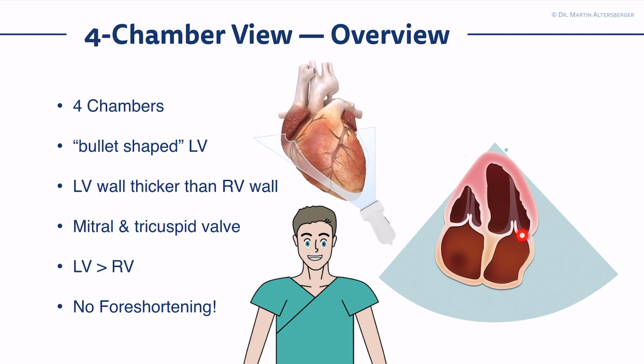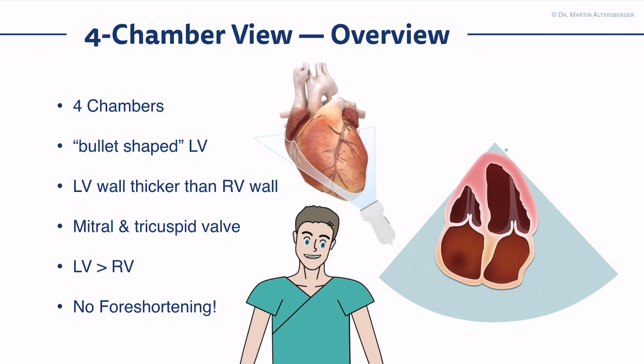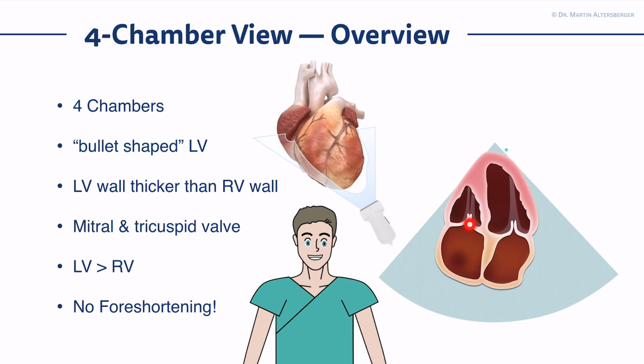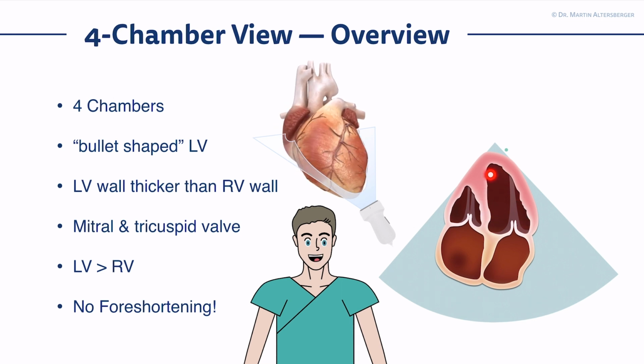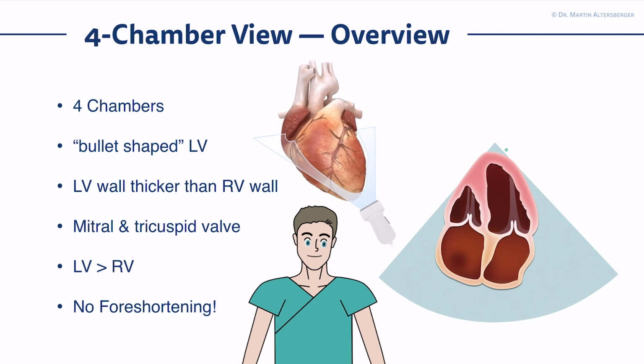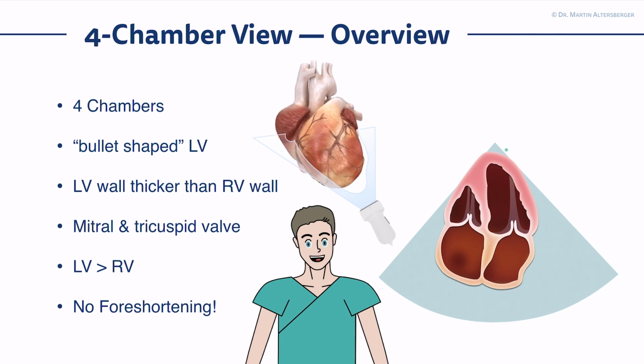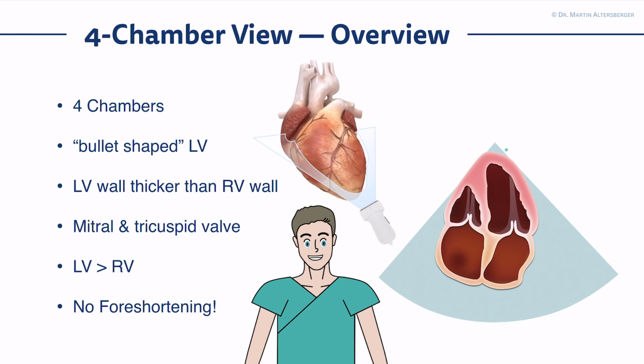Here's the mitral valve, with the anterior and posterior leaflet, and here's the tricuspid valve, where you can differentiate the septal leaflet and here the anterior and posterior leaflet. The left ventricle should be larger than the right ventricle. Overall it should be 2 to 1, but also keep in mind that there are differences in anatomy depending on the body shape and on what you find when you're scanning the heart.